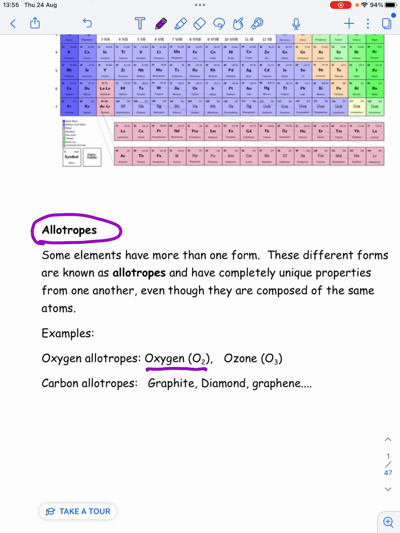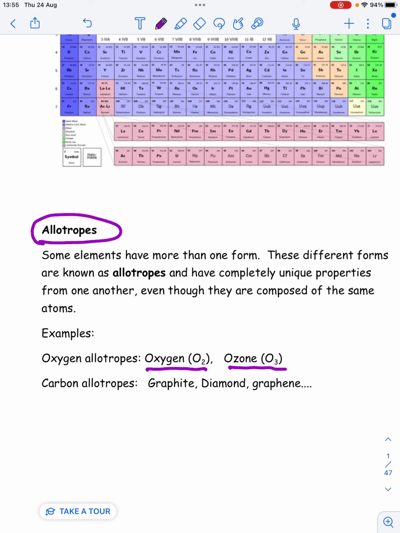And the main one is oxygen, O2, the stuff that we breathe. But actually there's another form of oxygen called ozone. Now they're both elements because they're both made of one type of atom, just oxygen atoms. But the oxygen can bond into two different types of molecules, and that gives it different properties.